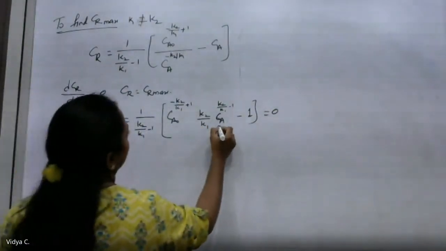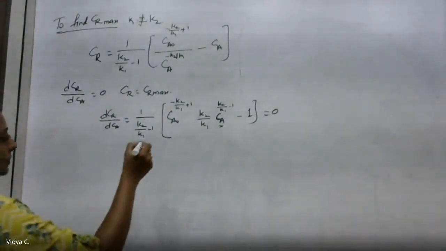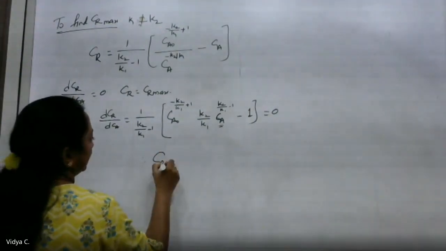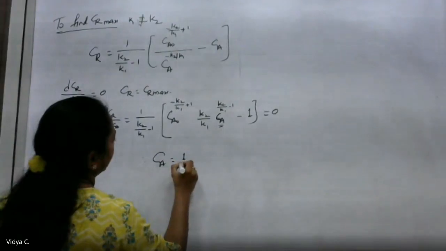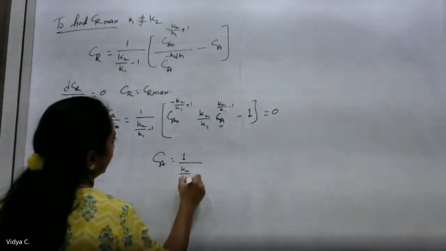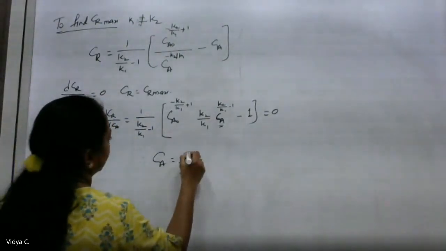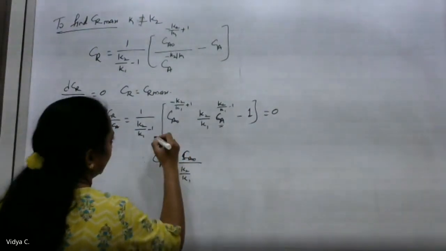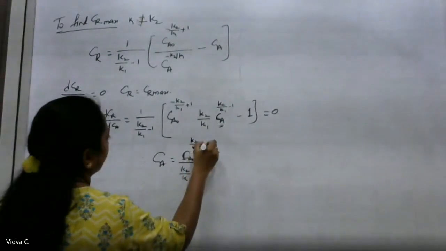From this, I can get an expression for CA now. So CA will be 1 by K2 by K1, and CA naught will come down, and when it goes up, it will be K2 by K1 minus 1.